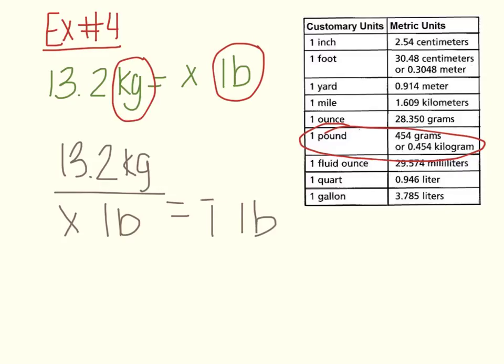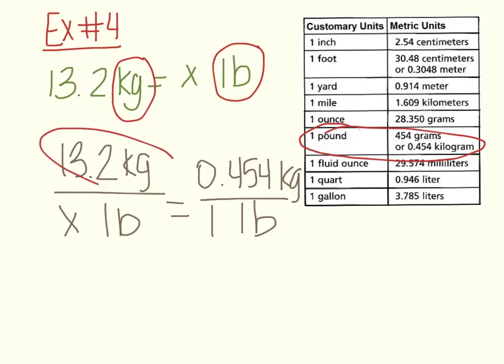That's why I'm putting it on the bottom. Equals 454 thousandths kilograms. Cross multiply. 13 2/10 kilograms times 1 equals 13 2/10.